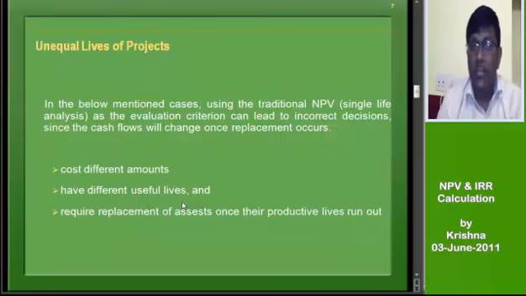If it is not a mutually exclusive case, we can accept both of the projects. But in the problem, they have clearly told it is a mutually exclusive case. So any one of the projects only we have to select. So the criterion is that the project which gives more net present value should be selected.